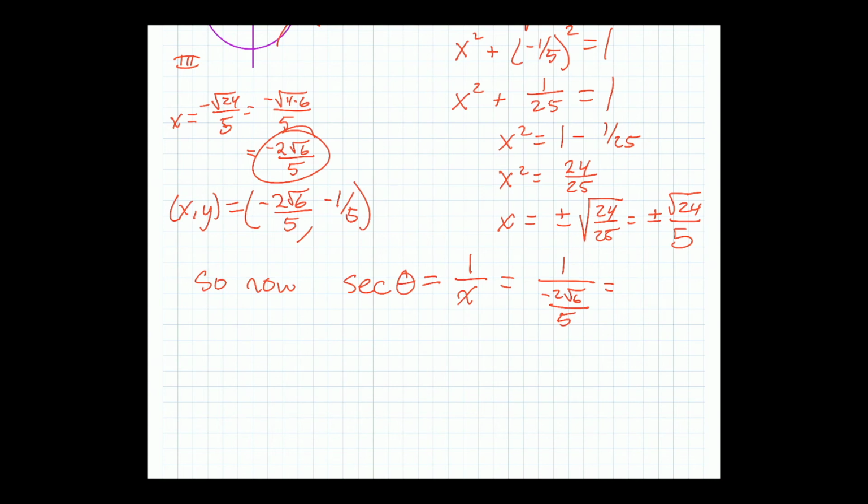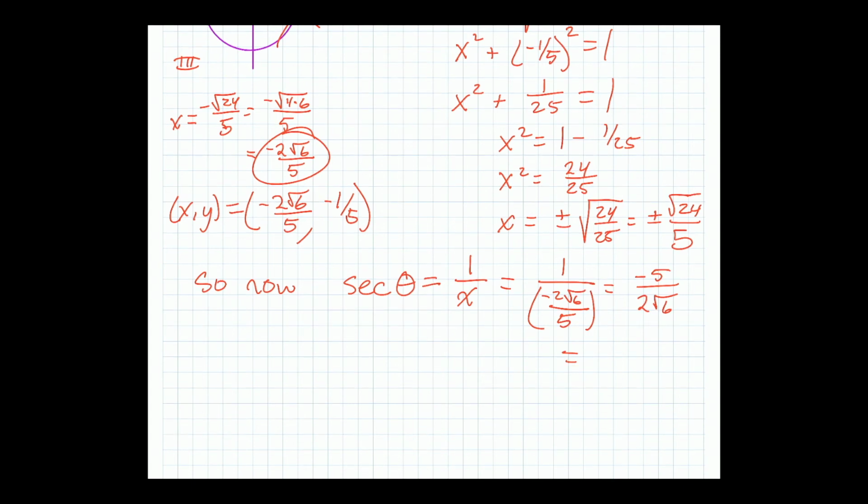So when you divide by this, it's the same thing as multiplying by -5 over 2 square root 6. That denominator should be rationalized, which we've done before, but not often. You should multiply by square root 6 over square root 6 to rationalize.